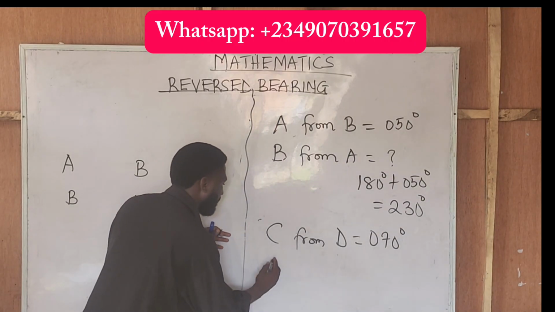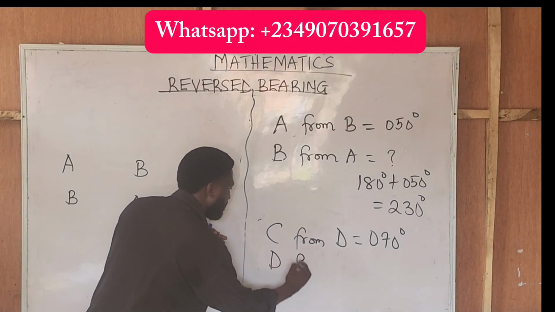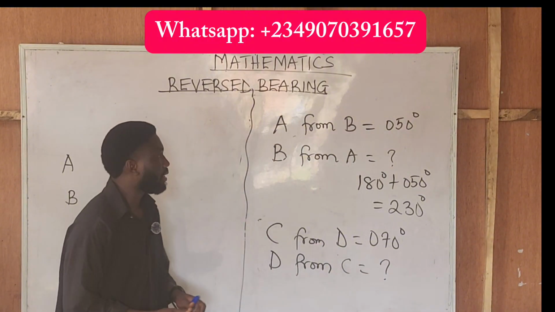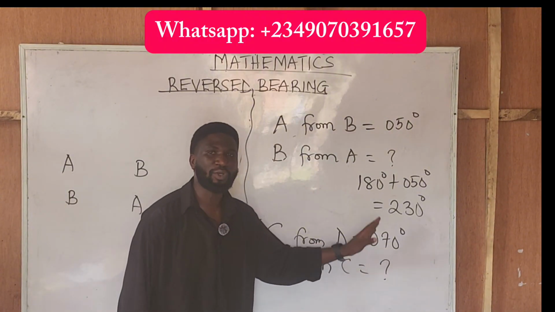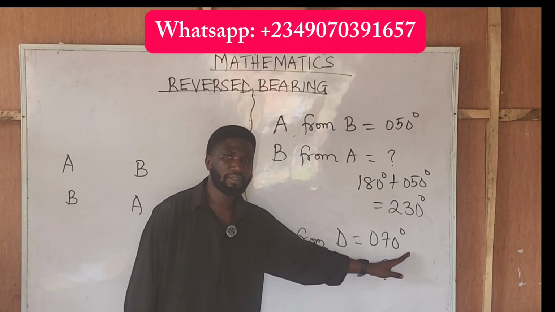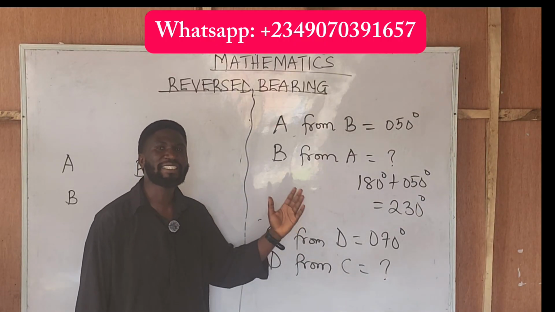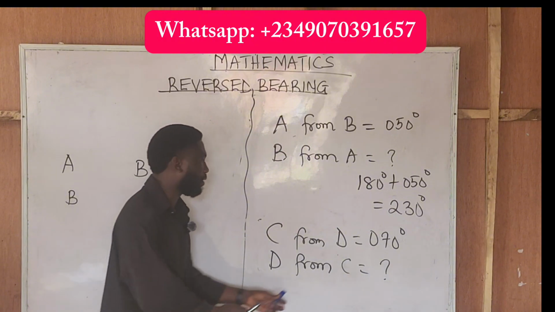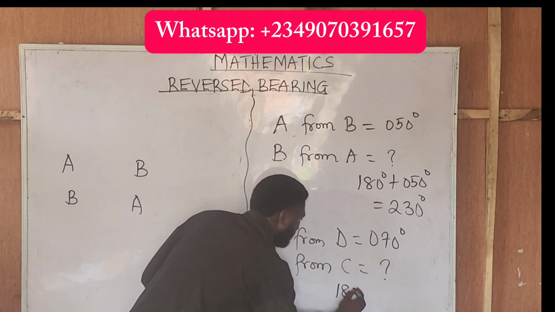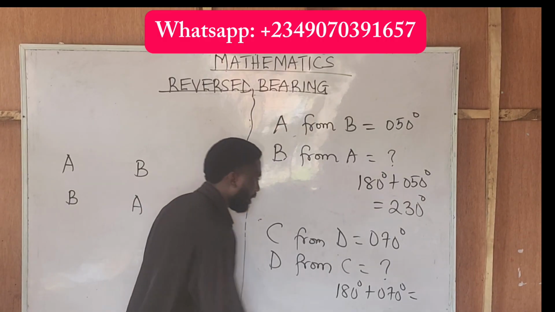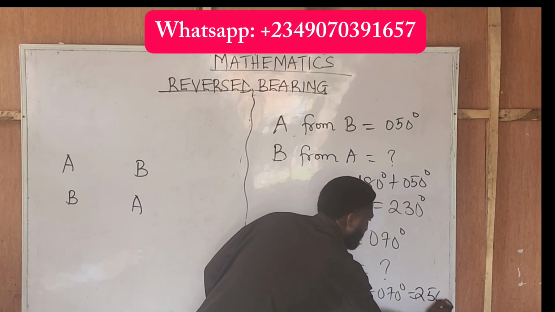Our question says get the bearing of D from C. The bearing given to us is less than 180 degrees, so the bearing of D from C is 180 degrees plus 70 degrees, and then we have 250 degrees.